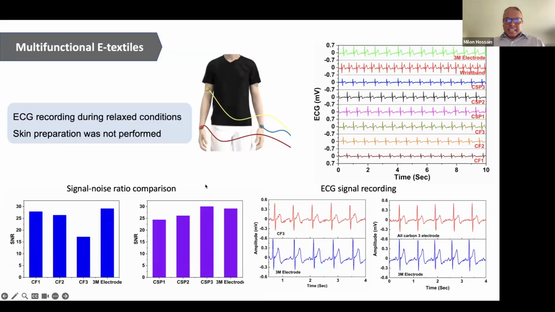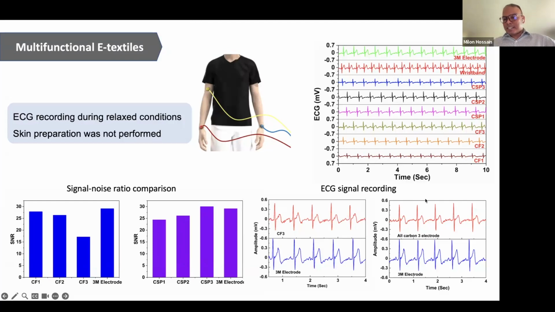But when I use the braided structure and tightly use it as a wristband, it produces a similar signal to noise ratio to the 3M electrode. This is for the woven one, and for the braided one, you can see the signal to noise ratio is higher in some cases, showing better performance.